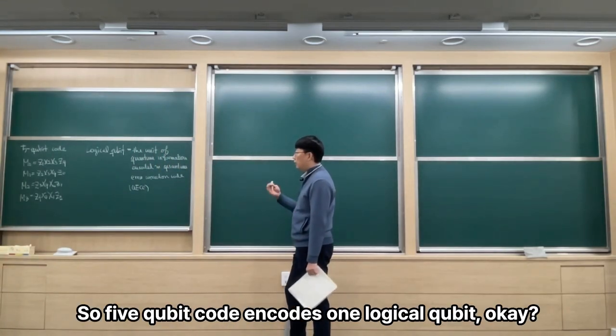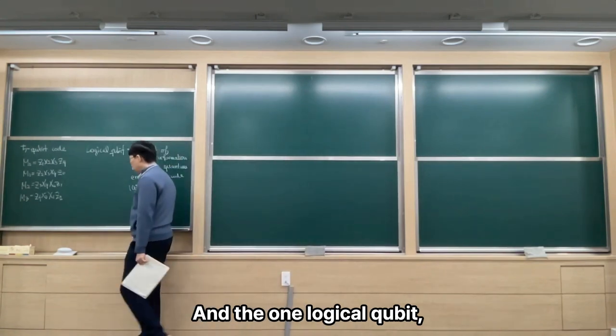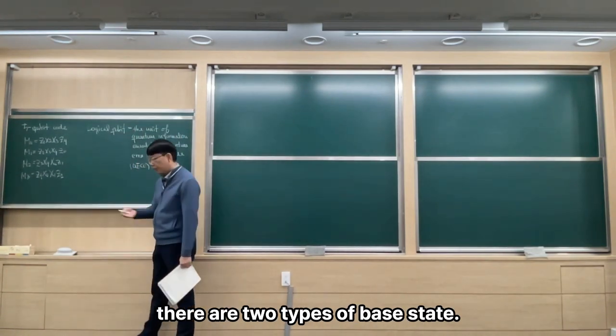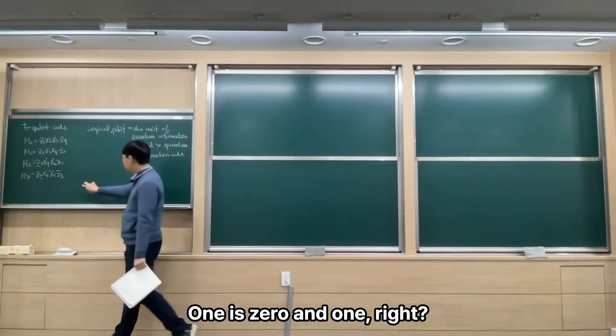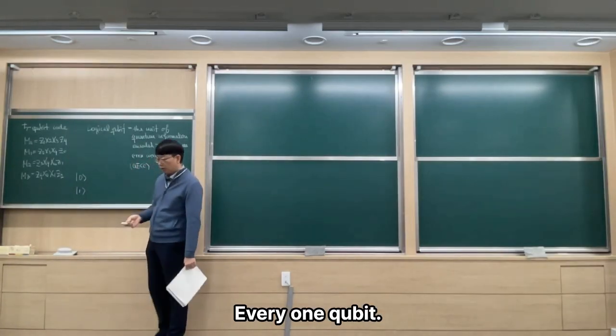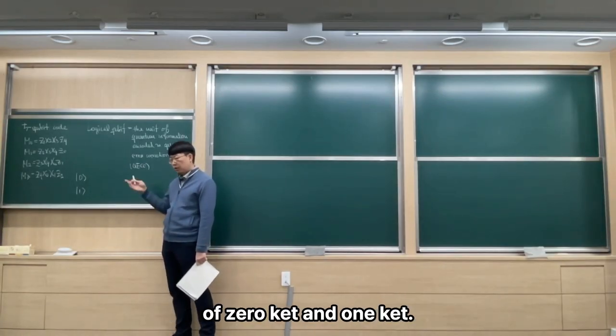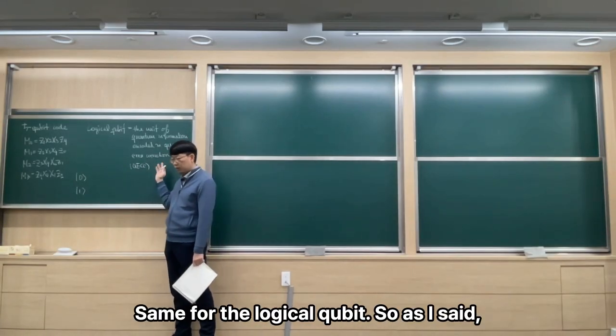The 5-qubit code encodes one logical qubit. And for one logical qubit, there are 2 basis states, 0 and 1, right? Imagine one physical qubit. It's always a linear combination of the 0 ket and the 1 ket. It's the same for the logical qubit.